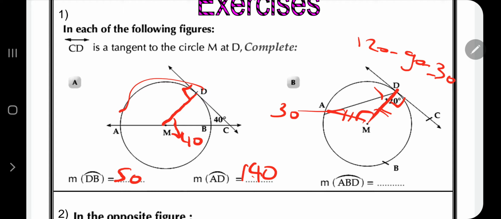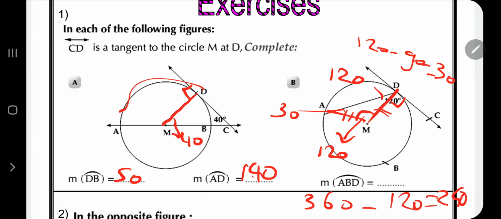So the measure of this angle will be 120 because 180 minus 30 plus 30 equals 120. So the measure of arc AD will be 120. That means measure of the arc ABD equals 360 minus 120 equals 240.